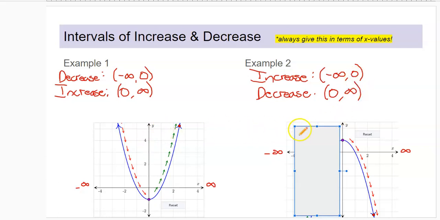Now, these two parabolas happen to be centered on the y-axis. That will not always be the case, but wherever it is, these numbers will match because that's the shape of a U. It's going down, and then there's a point, the vertex, where it turns and starts going up, or the other way around.